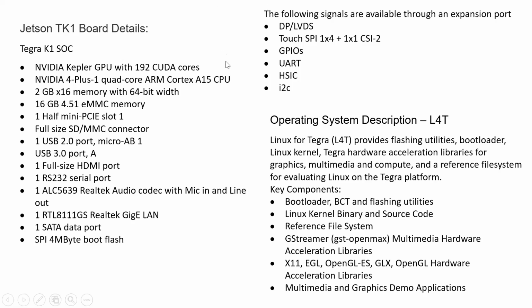We have already studied that in a system on chip there are two types of processors: one is the central processing unit, and the other is the graphic processing unit. So here the central processing unit is ARM Cortex, and the graphics processing unit is Kepler, which is a CUDA core, used for parallel computing purposes. So these are the specifications.